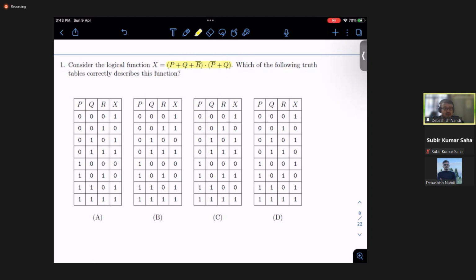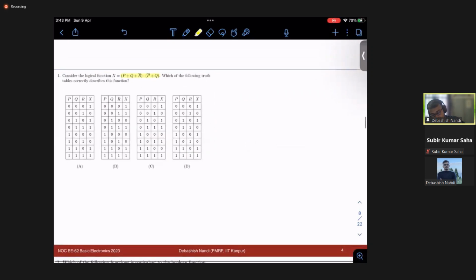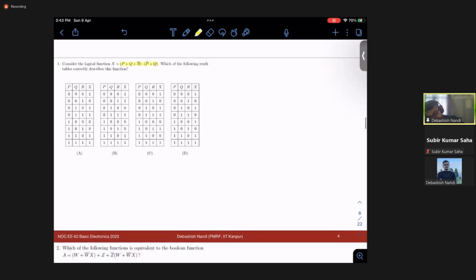The other way to do it, and the simpler and most convenient way, is to simplify this expression in terms of sum of products or product of sums, whichever you are more fluent in, right? So the way to go about solving this problem is that you use whatever we have discussed so far, and try to simplify the expression as much as possible.